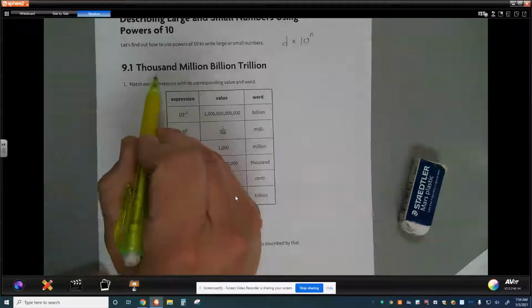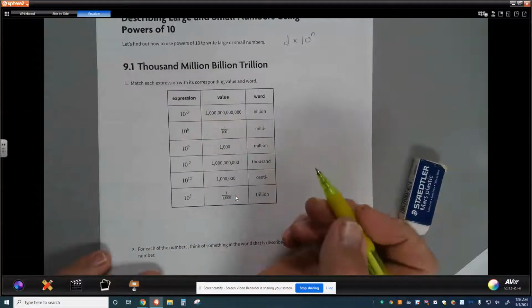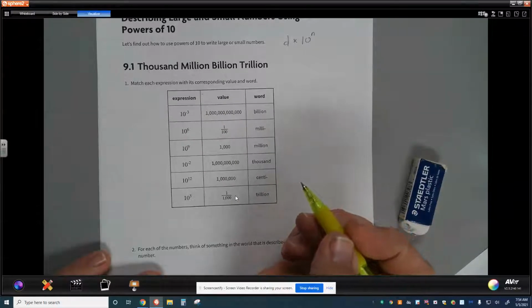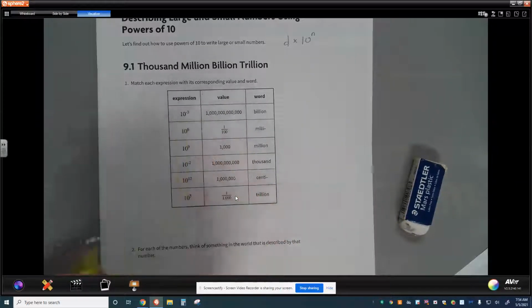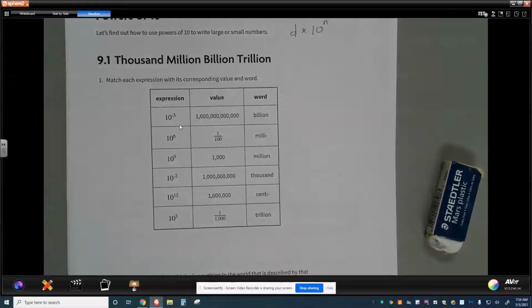First thing we work with is thousand, million, billion, trillion. We need to match each of these expressions with its corresponding values and words. So when we look at 10 to the negative third power, the first thing that we should be thinking about is that negative exponent. That negative power indicates that we have a number that is less than 1.